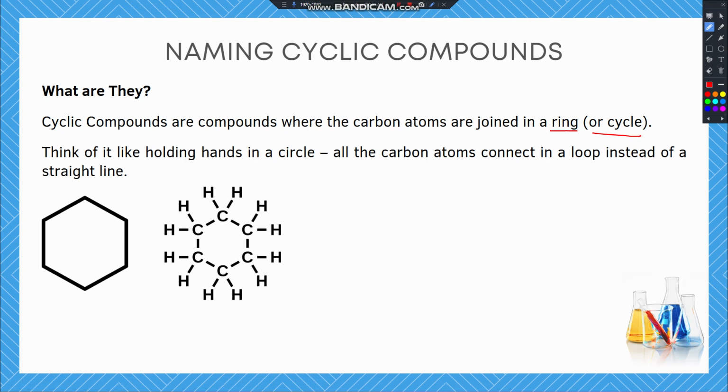Now think of it like hands that are being held in a circle. All the carbon atoms connect to each other in a loop instead of a straight line. Now here is a very good example of what we have on the screen right now. This describes what a cyclic compound is. You can see the carbon atoms are being joined to each other in a cycle or ring format.